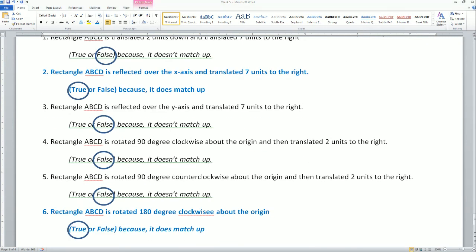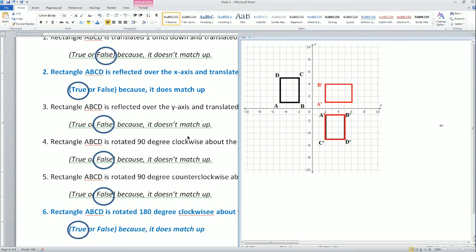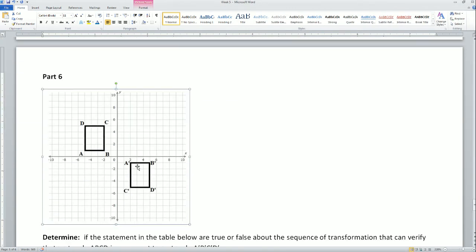It can be made by reflecting this shape, A, B, C, and D, across the x-axis, then translating it 7 units to the right, or you can rotate it 180 degrees about the origin, and still get A prime, B prime, C prime, and D prime. Those are your correct answers. There you go. So that is your homework solution for part 6.